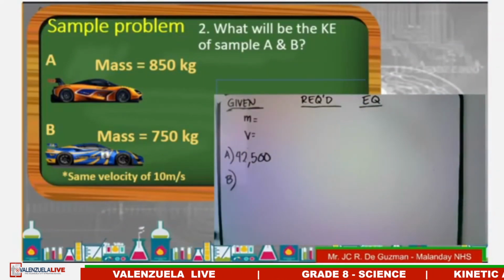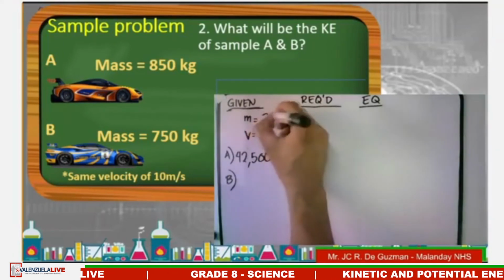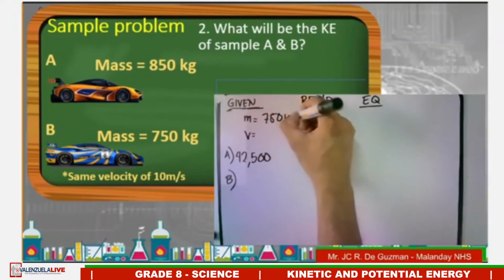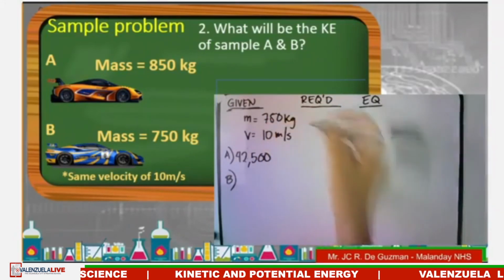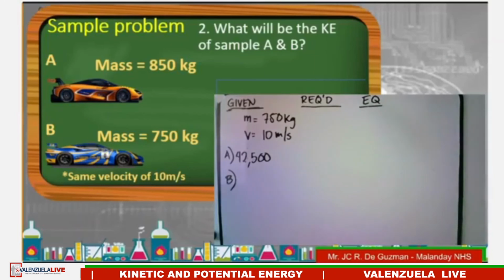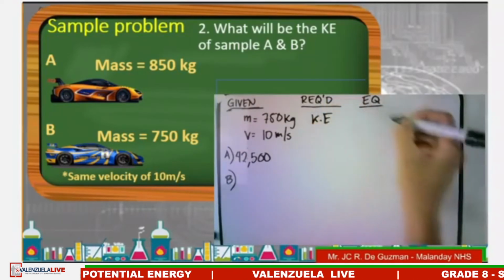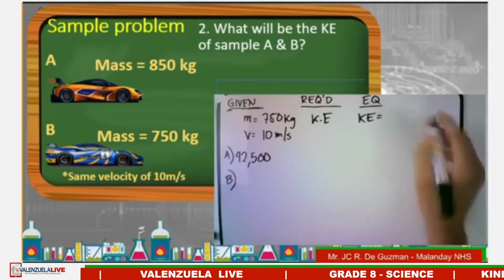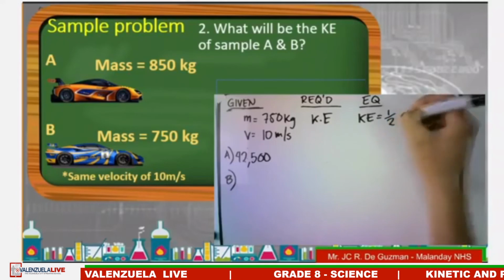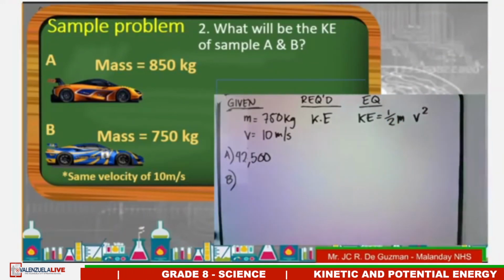Let us now proceed to the second car, which has a mass of 750 kilograms. The same velocity as the first one, which is 10 meters per second. For the required, we are still looking for its kinetic energy. And the formula for kinetic energy, we all know that kinetic energy is equal to half the mass times the squared velocity.